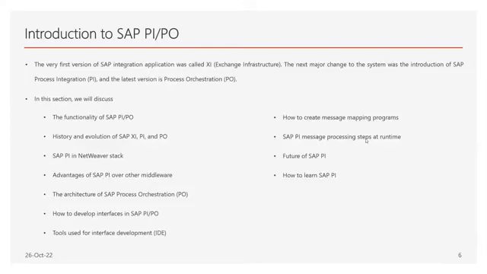This PIPO tool, or rather we can say PO, is an on-premise application that will be installed or configured inside the customer network. Then we'll see what the functionalities are and what the history is.